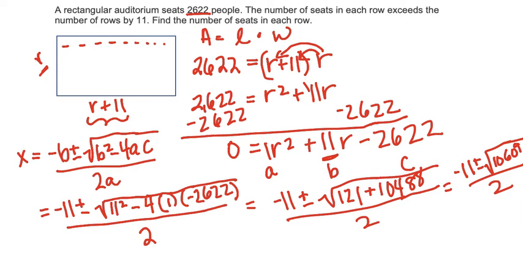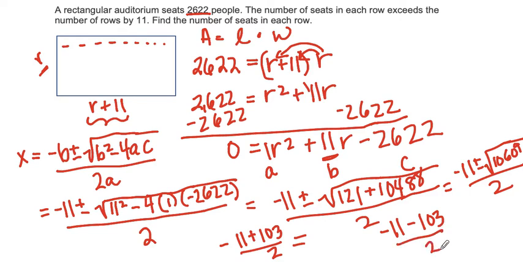Let me do the square root of that, and I get 103. So then I have negative 11 plus 103 divided by 2. That's going to be one of my answers. And the other one is negative 11 minus 103 divided by 2.